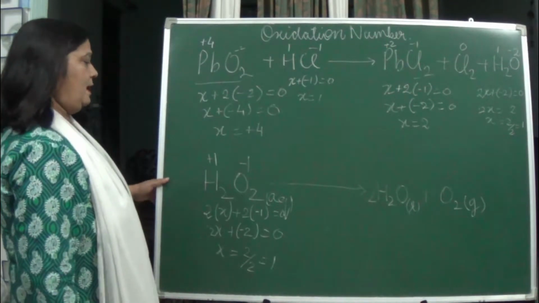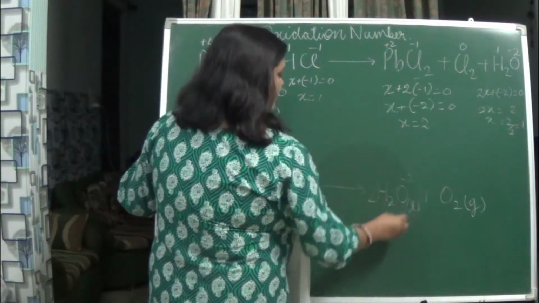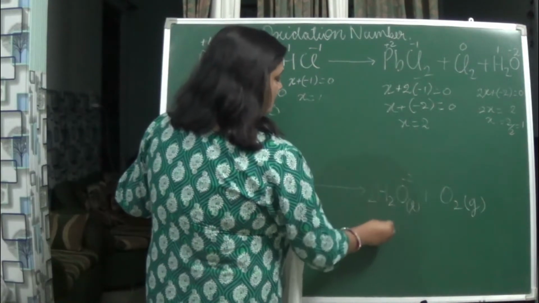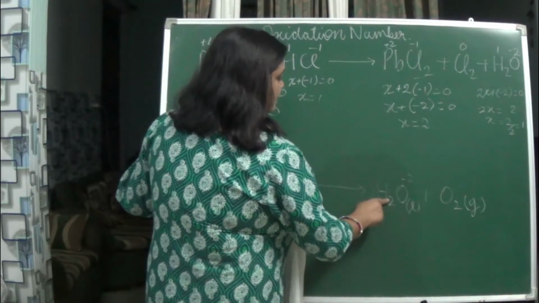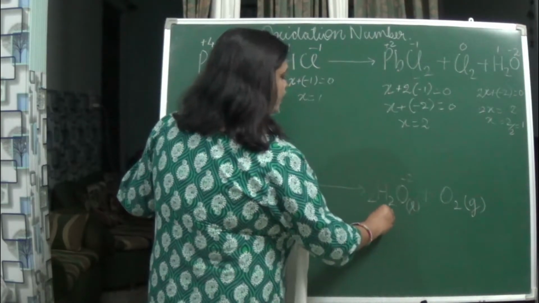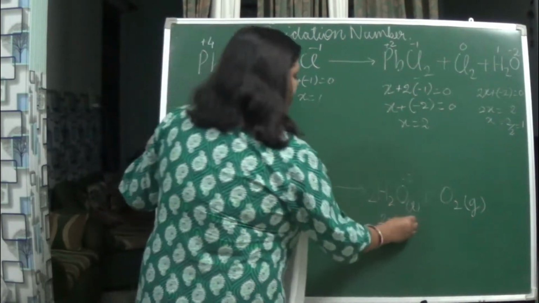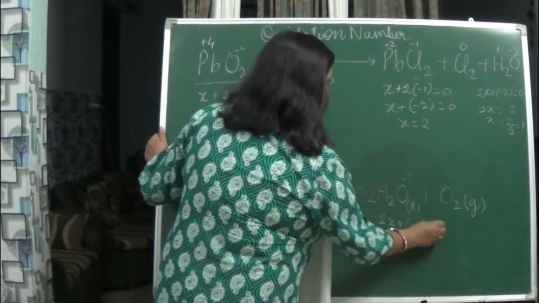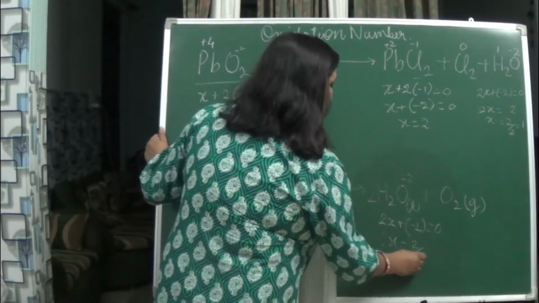Now coming to water. Here oxygen is -2, and for H2, it becomes 2X plus -2 is equal to 0. Therefore X is equal to 2 upon 2, that is 1.